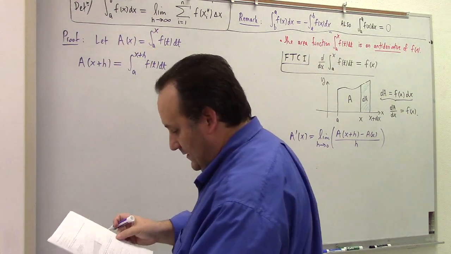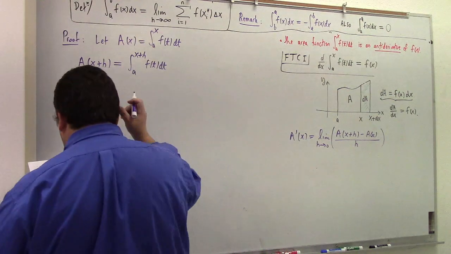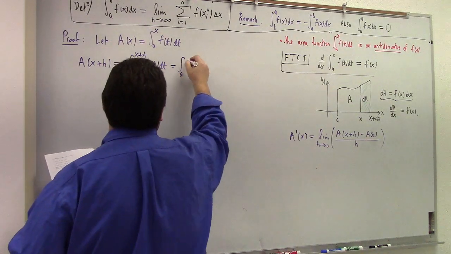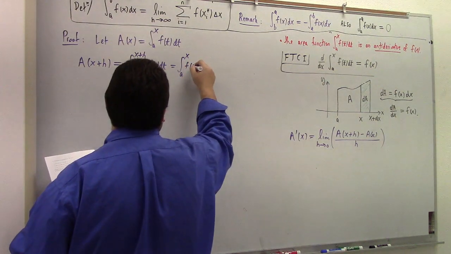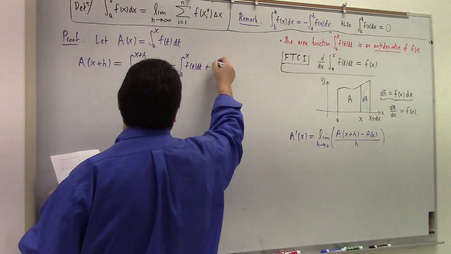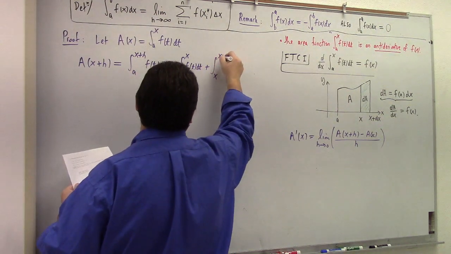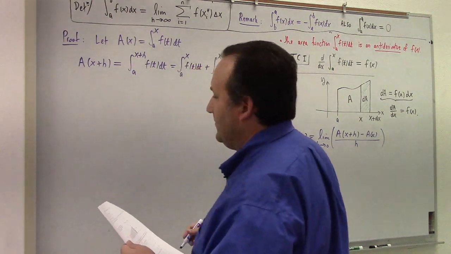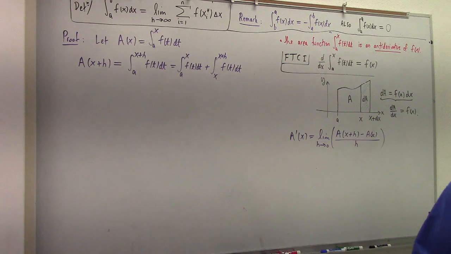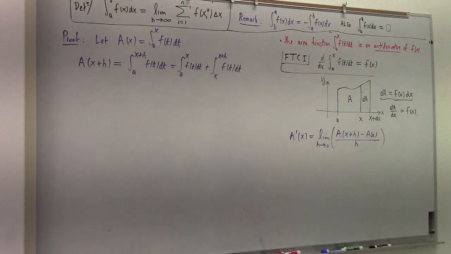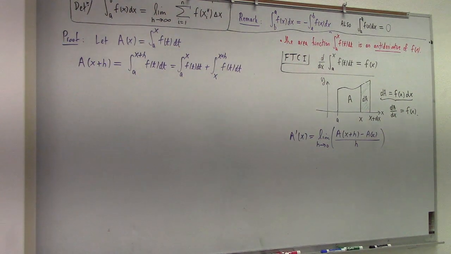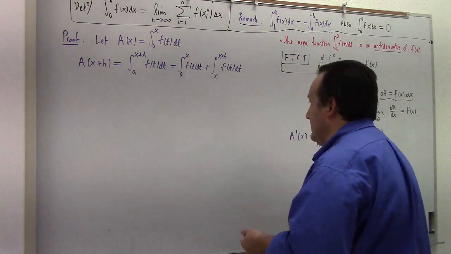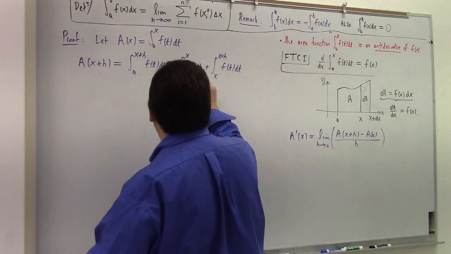And that can be broken up: that's the integral from a to x of f of t dt plus the integral from x to x plus h of f of t dt, using one of those properties of the Riemann integral we mentioned before. But what is that? This is just the area function again, right?